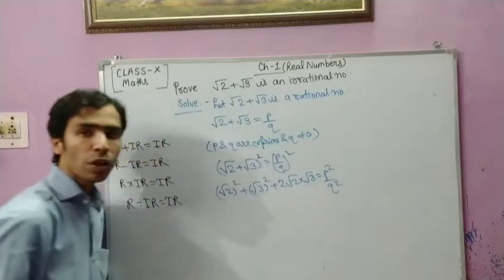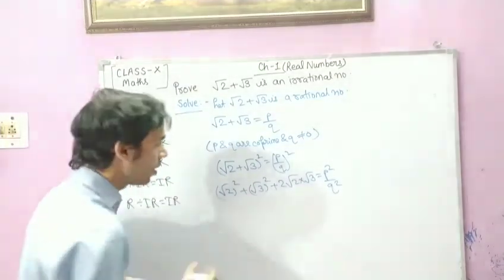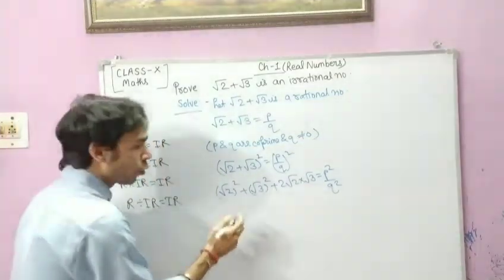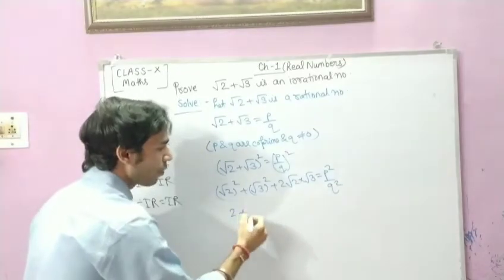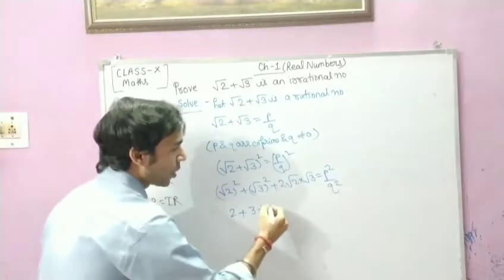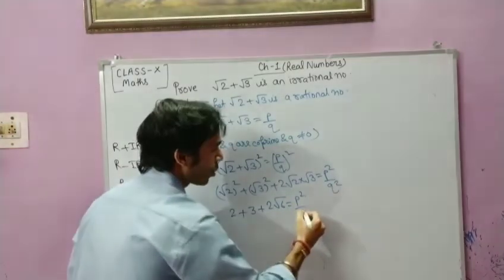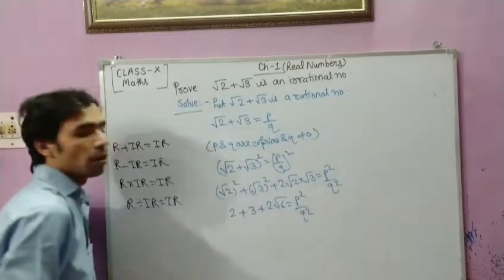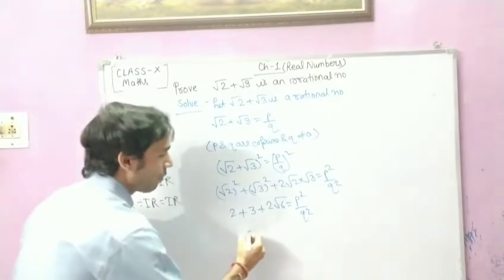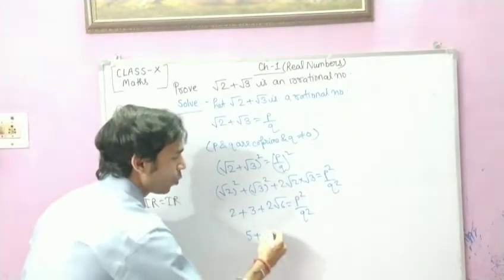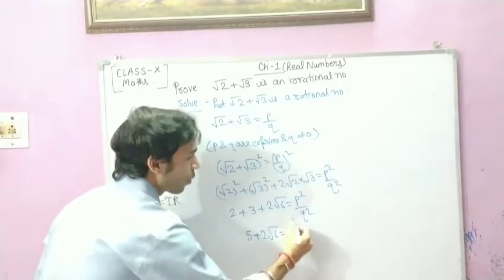We all know the formula of a plus b whole square. Now the square of root 2 will become 2, the square of root 3 will become 3, and it will become 2 root 6, which is equal to p square upon q square. Now 2 plus 3 will become 5, plus 2 root 6 is equal to p square upon q square.